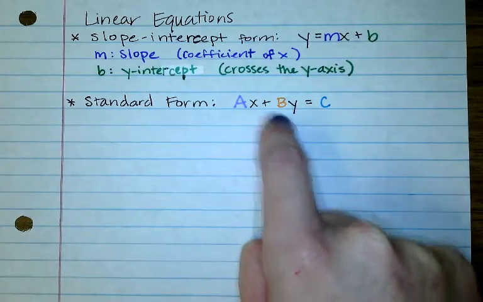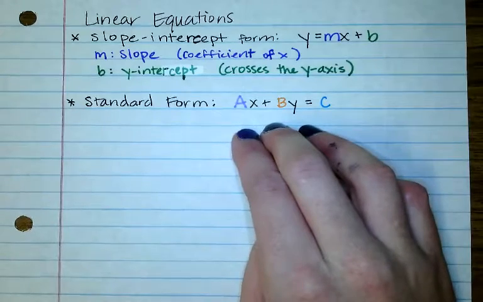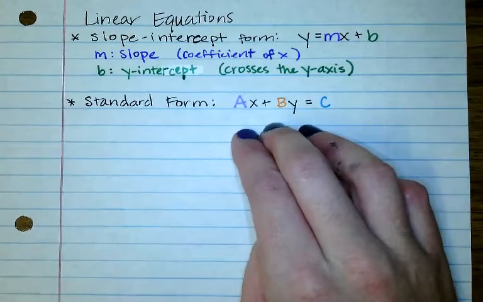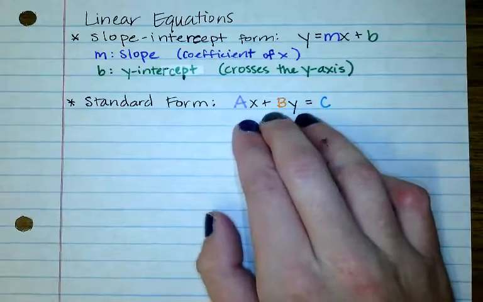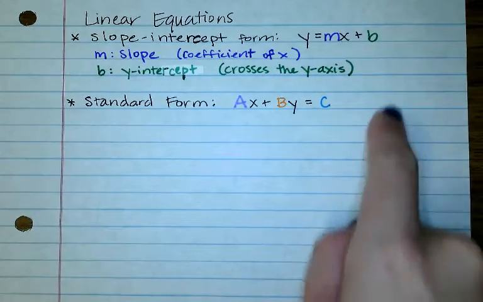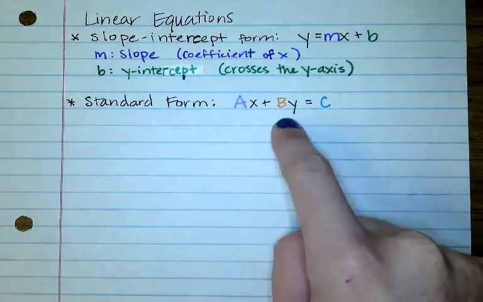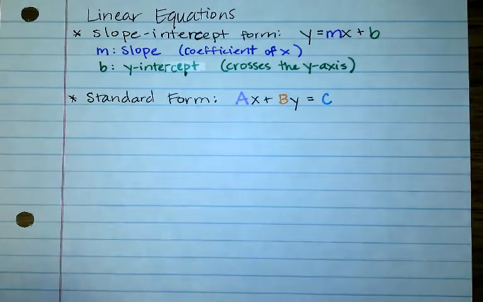So standard form comes in super handy when we are writing equations from real-world situations, all right? However, standard form is a little bit tricky to graph. So what we're going to do today is take this standard form and convert it into slope-intercept form. All right?